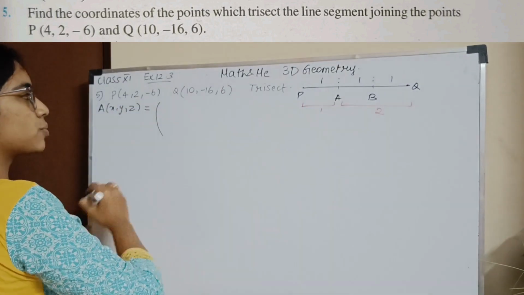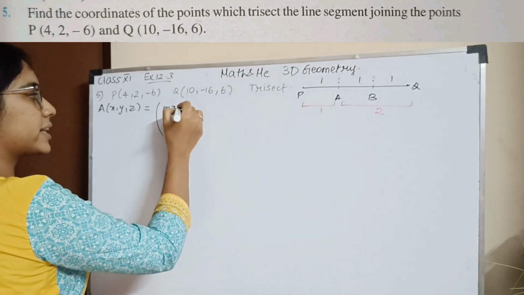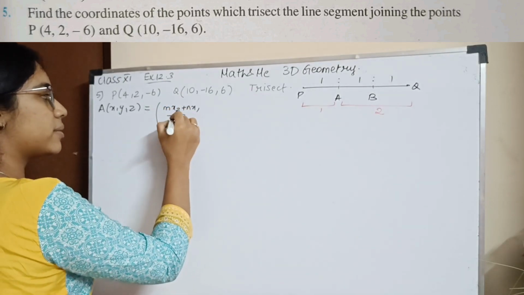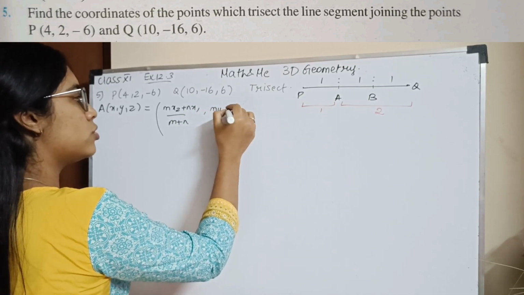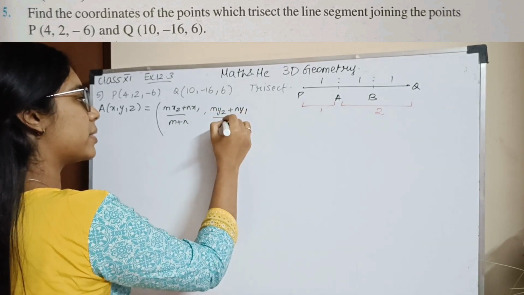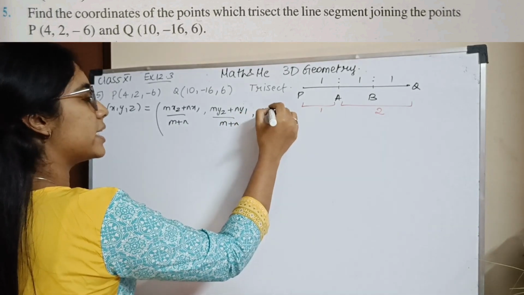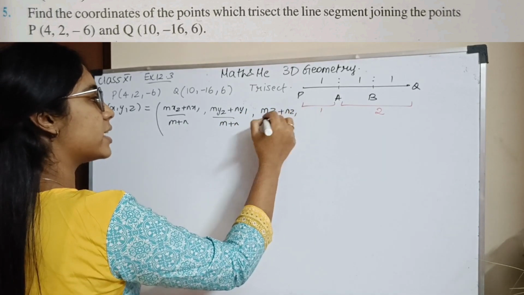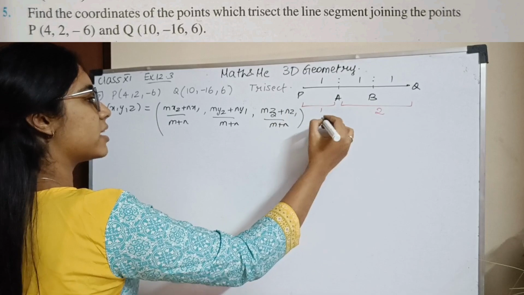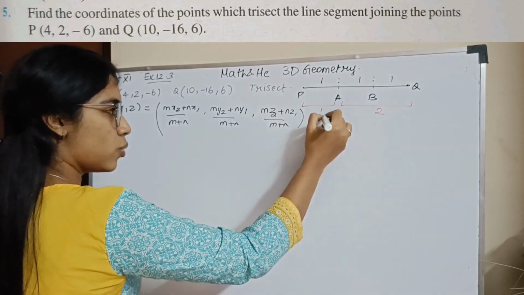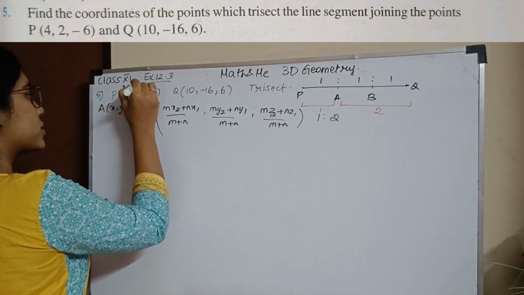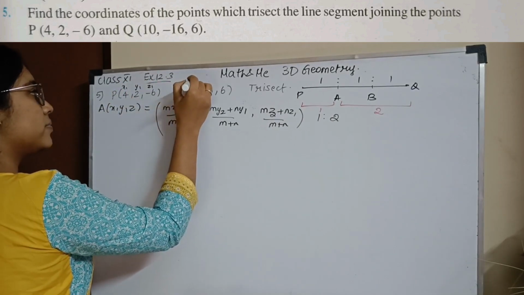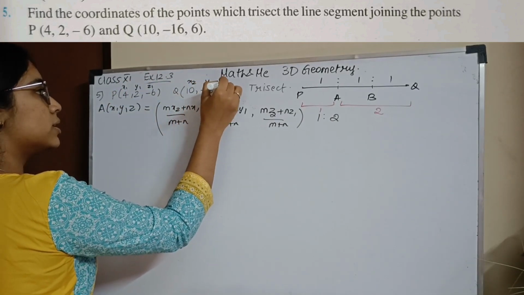Substituting in the formula, I have m x2 plus n x1 divided by m plus n, comma m y2 plus n y1 divided by m plus n, comma m z2 plus n z1 divided by m plus n, where it is divided in the ratio 1:2. So now I'm going to find point A. So this will be my x1, y1, z1, x2, y2, z2.